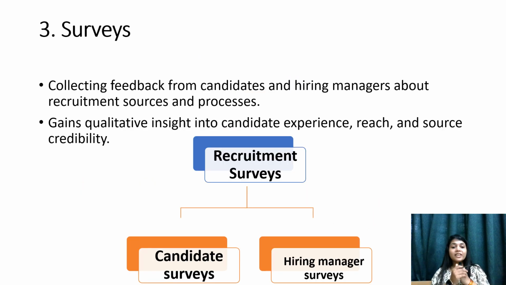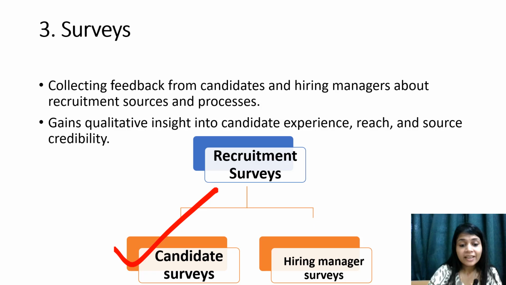Now let's talk about the third method, that is called surveys. It means collecting feedback from the candidates and also the hiring managers about the recruitment sources as well as processes. It helps you gain qualitative insight into the candidate's experience and reach, and also the source credibility. So recruitment surveys could be of two types.